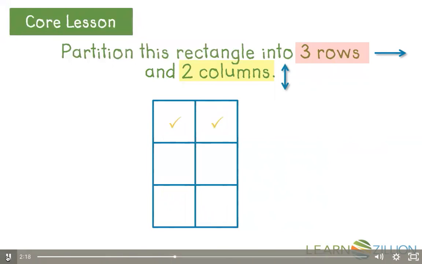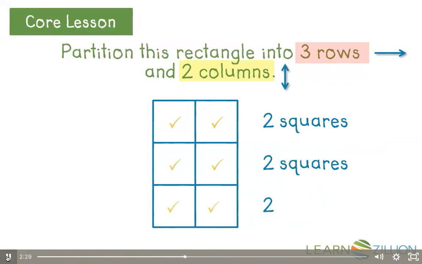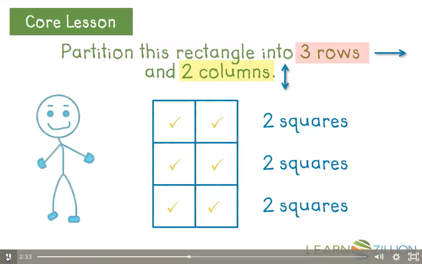We notice that in the first row, we have 2 squares. In the second row, we have 2 squares. In the third row, we have 2 squares as well. Oh, I know.